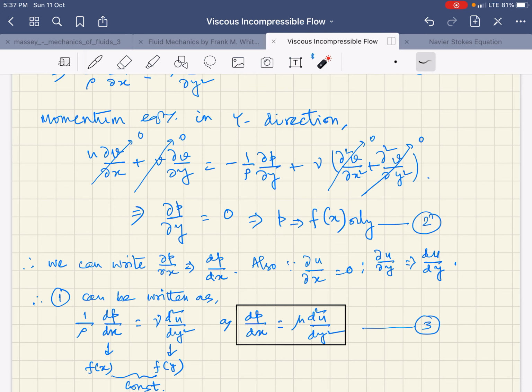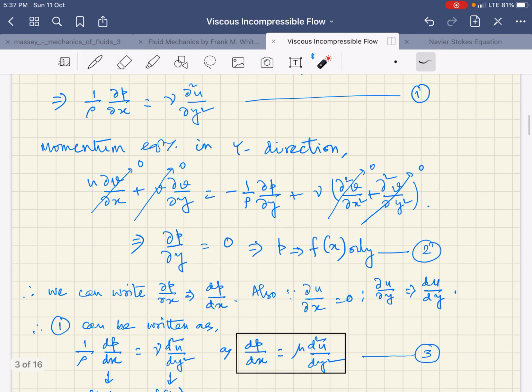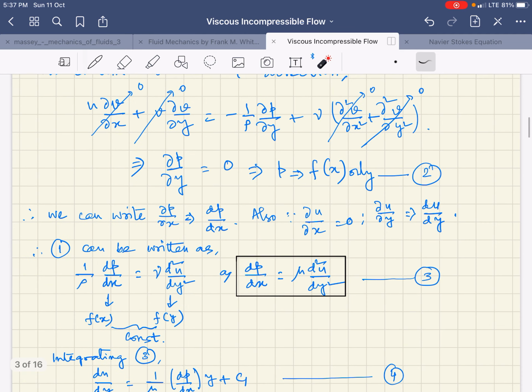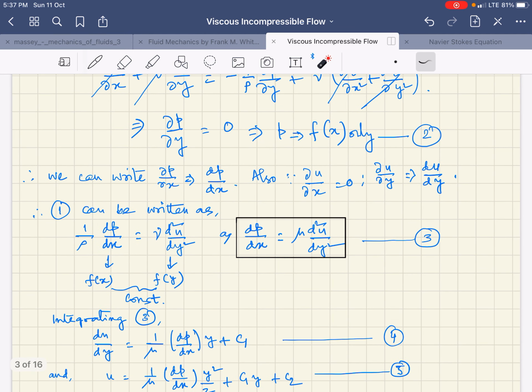Also, as the velocity u is only a function of y, ∂u/∂y can be written as du/dy. So equation 1 can now be written as 1/ρ dp/dx equal to ν d²u/dy², such that dp/dx can be written as μ d²u/dy².